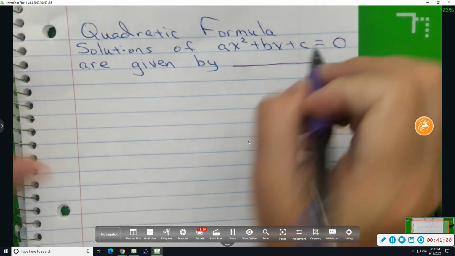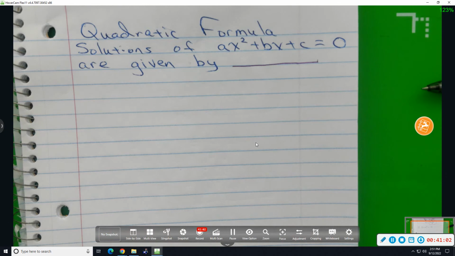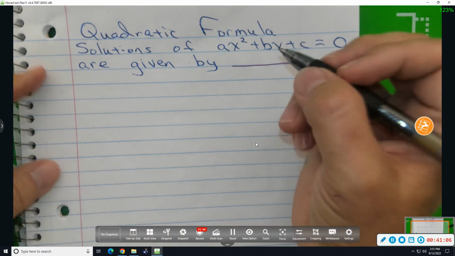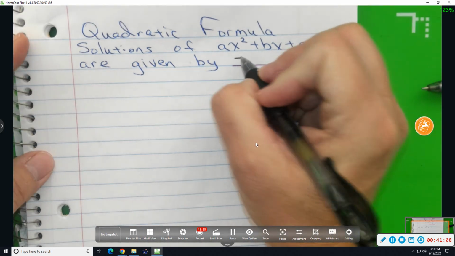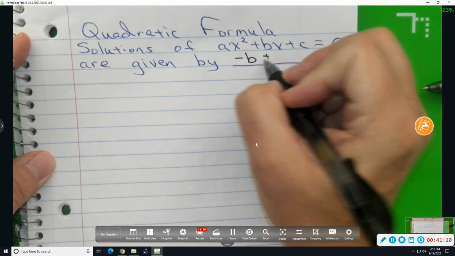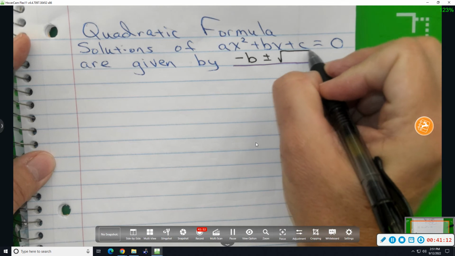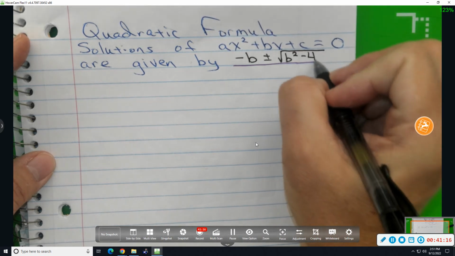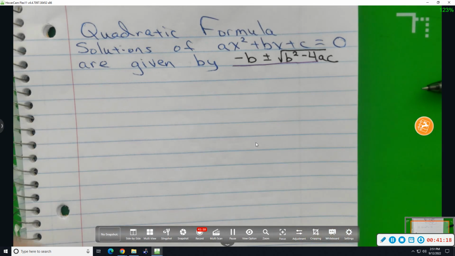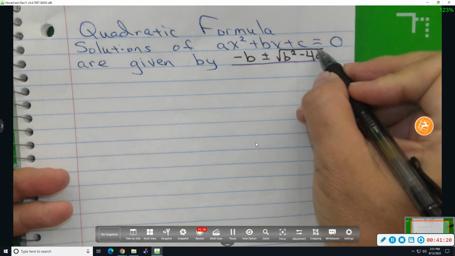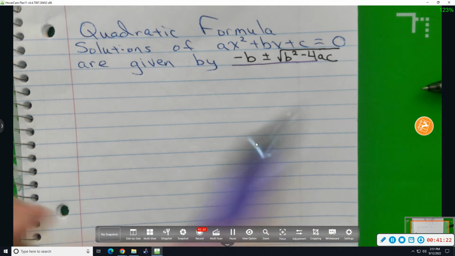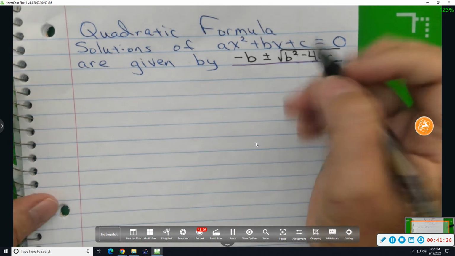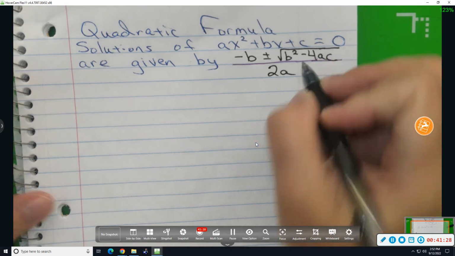And what he's about to write is what people will think of as the quadratic formula. If someone says, state the quadratic formula, this is what they want you to say: negative b plus or minus the square root of b squared minus 4ac, and the denominator is 2 times a.